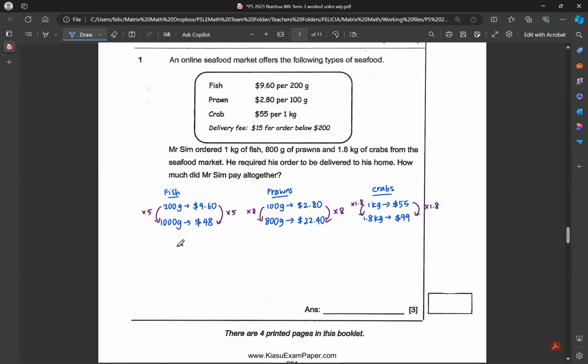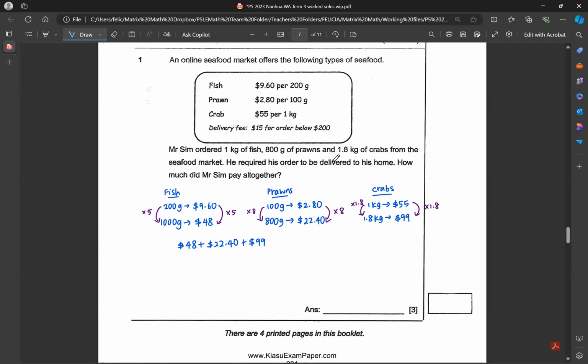So basically I add all the money up: $48 from the fish, $22.40 for the prawns, and $99 for the crabs. Now take note, there could potentially be a delivery fee to be added in. The delivery fee is an extra $15 for any orders that are below $200.